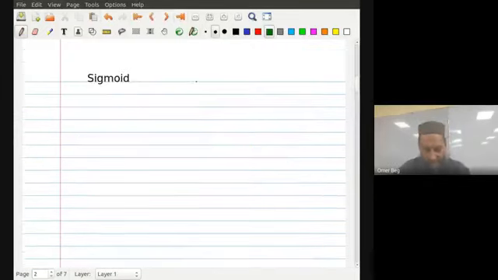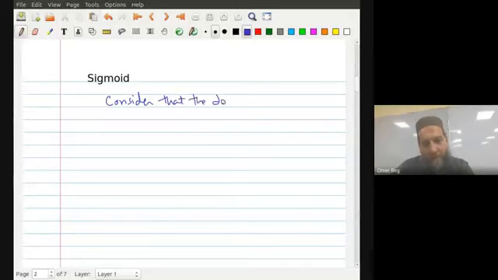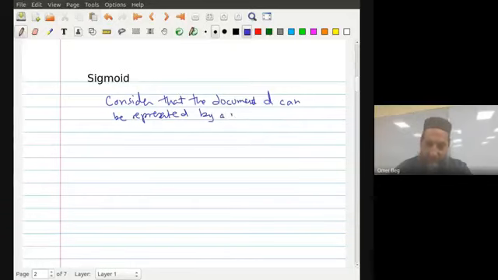Okay? And that brings us to the sigmoid. Why is sigmoid important? Consider that the document D can be represented by a vector of features.